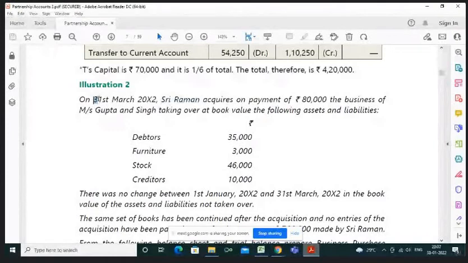So this is the balance sheet for his business as of December 2011.